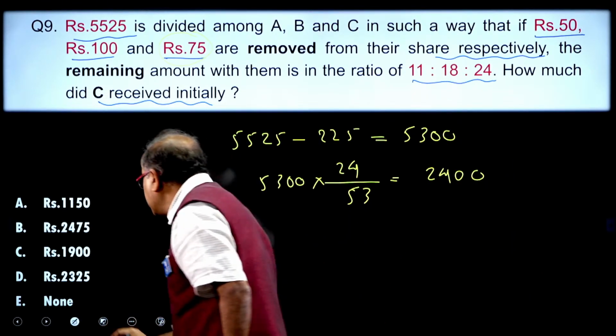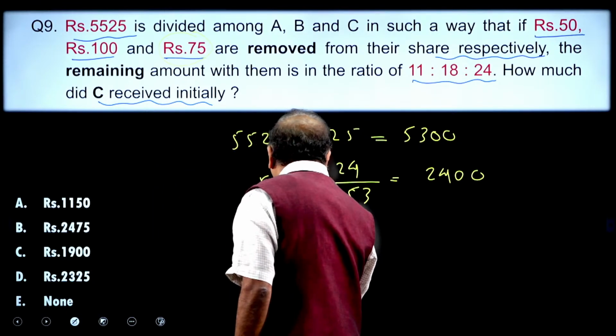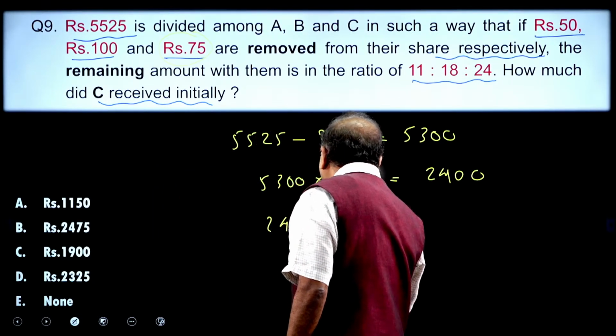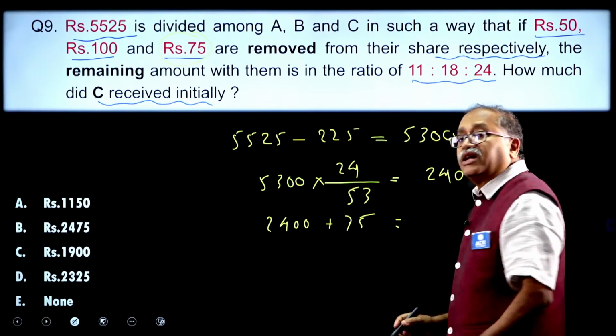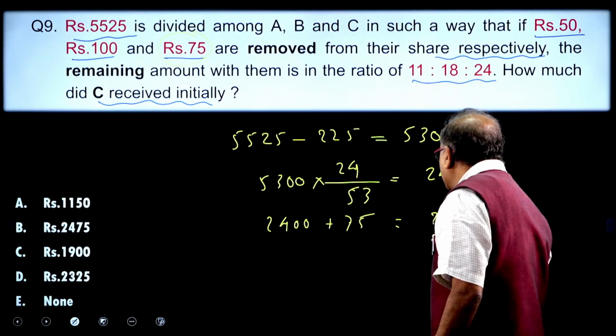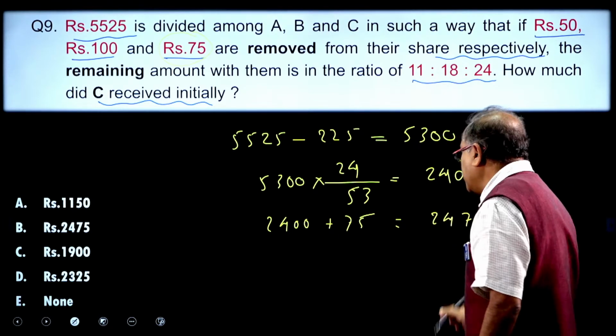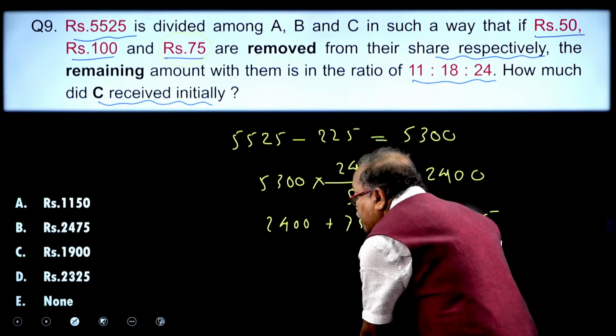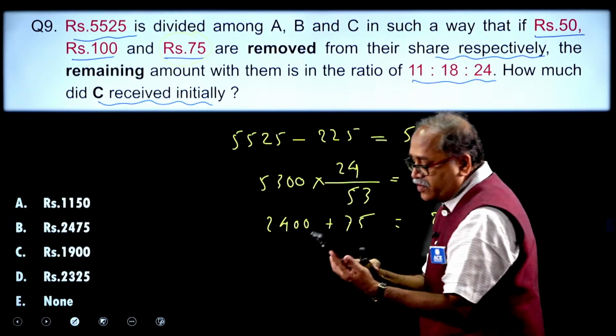So, rightly said Anusha, that is 2400 plus the money which was initially subtracted from C, that comes 2475 should be your answer, and it seems option choice B.